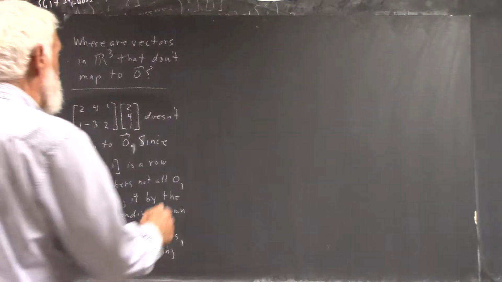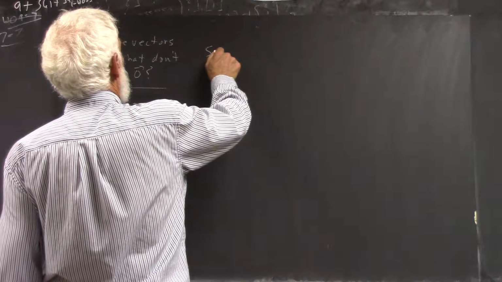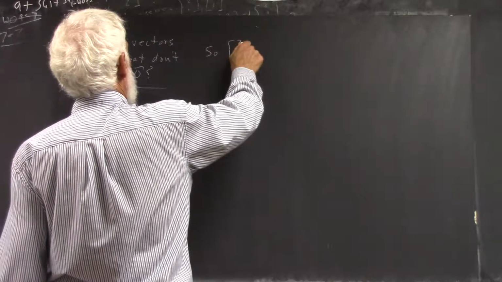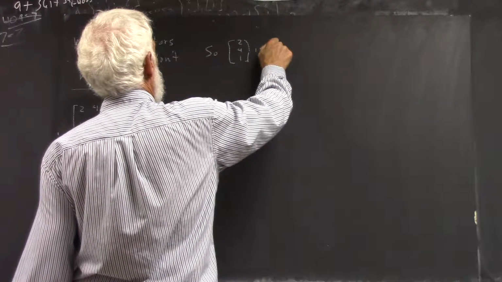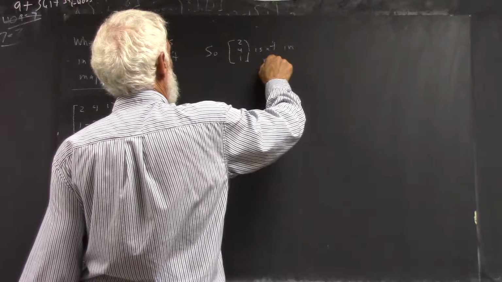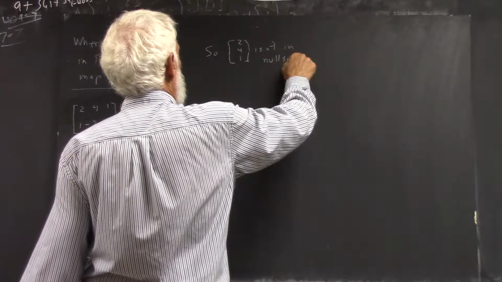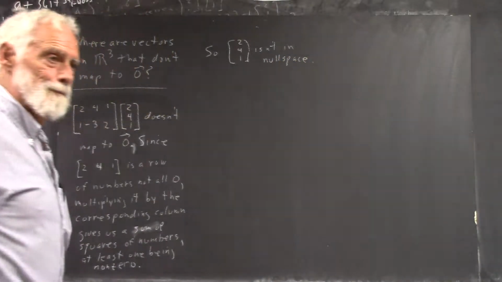So we can say then, 2, 4, 1 isn't in the null space.